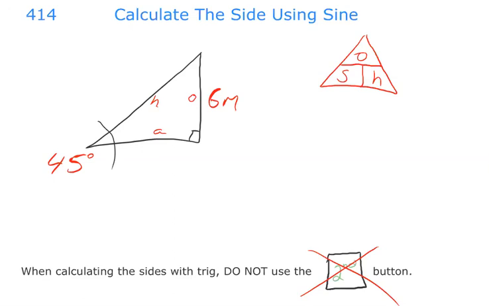Realize that if we're using the sine function, the 45 is the sine, so it's underneath the opposite. So our equation ends up looking like this: 6 over, because it's opposite, divided by 45 sine. The 45 in the equation just goes right before the sine.